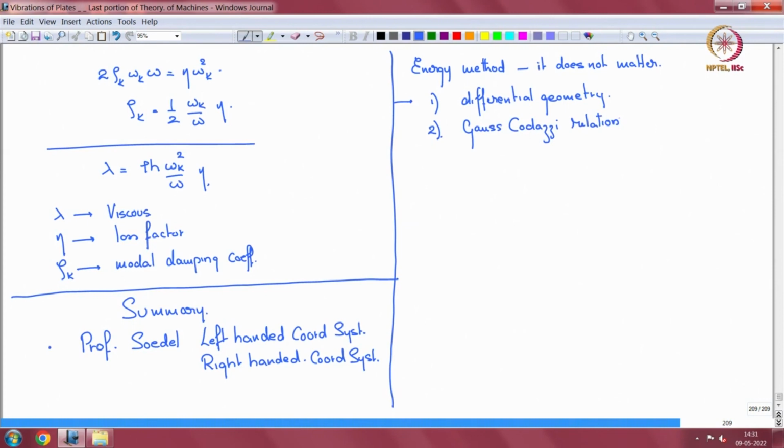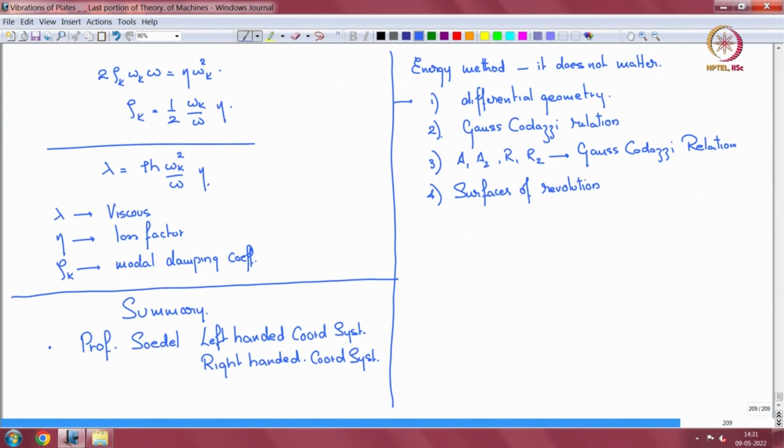If you can find a surface with Lamé parameters and radii of curvature that satisfy the Gauss-Codazzi relation, then that is a legitimate surface. That is the theorem. Of course, mostly we are interested in surfaces of revolution, which fall under the category that they satisfy the Gauss-Codazzi relations.